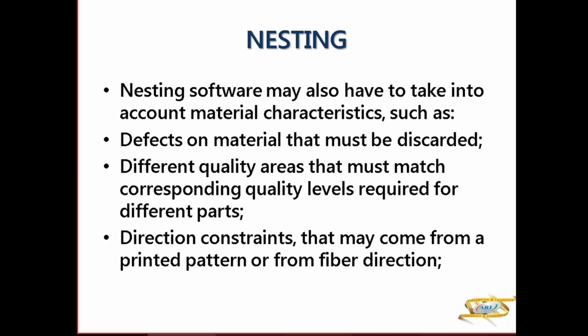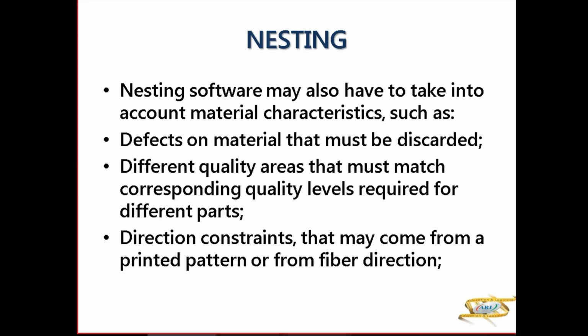Now this software takes into account the characteristics like you have got defects in the material, then you cannot take it for nesting. Then you have to discard it. Plus your quality should be uniform. Quality should not change. If your quality is not homogeneous, maybe it's thick in one area and less thick in the other area, then you cannot do nesting.